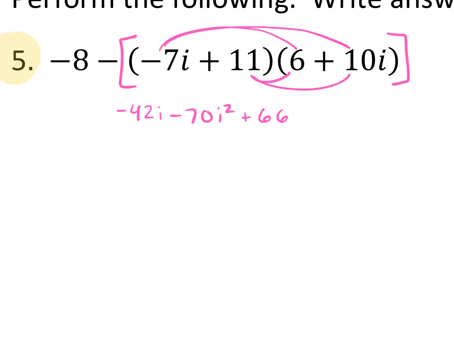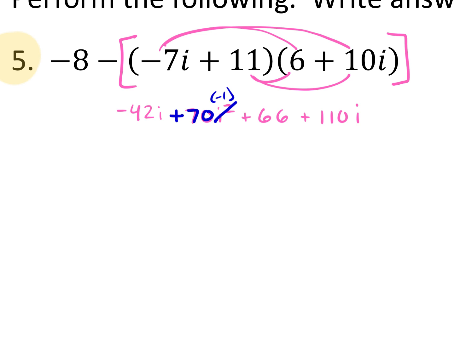And then 11 times 10i would be plus 110i. What should we do next? Change the i squared. So i squared is going to become negative 1, which does what to our negative 70? It makes it positive. So this is now positive 70.